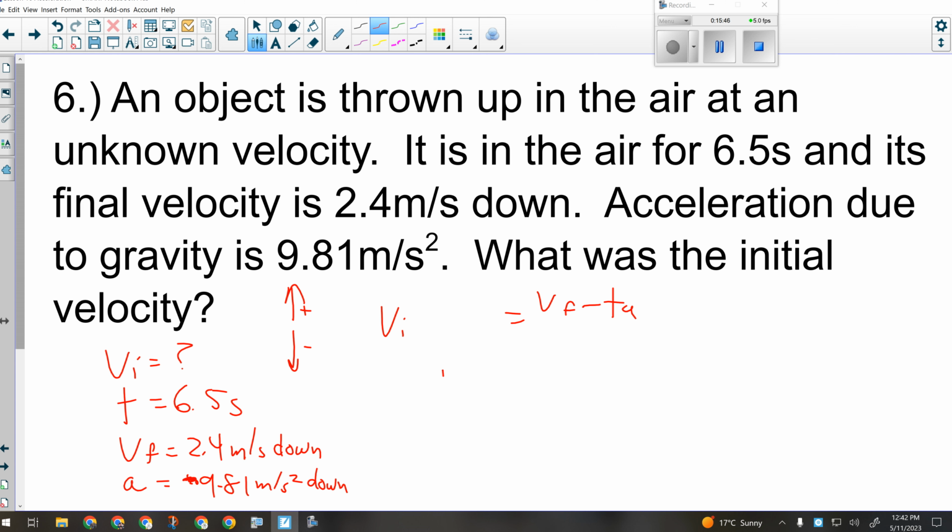So VI will equal VF, which was negative 2.4, minus 6.5 seconds times negative 9.81. So what happens when I subtract the negative?